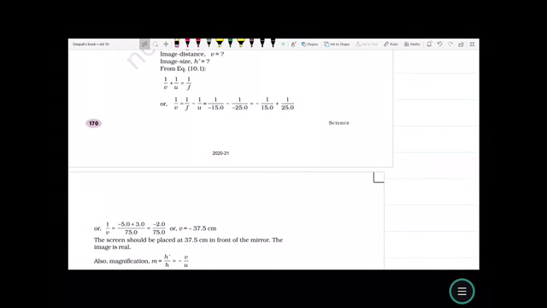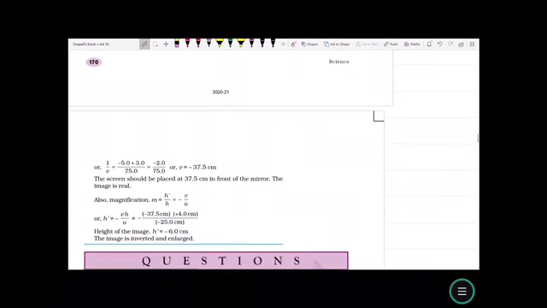Now we know the formula 1 upon v plus 1 upon u is equal to 1 upon f. If I replace the value, I get the value of v as -37.5. The screen should be placed at 37.5 centimeter in front of the mirror. The image is real as it shows the negative sign.